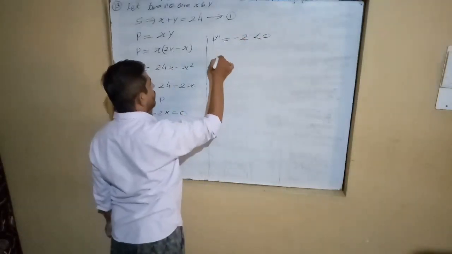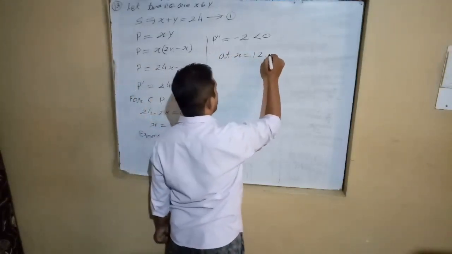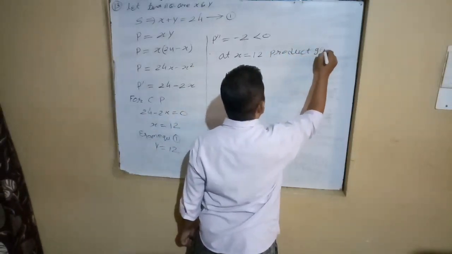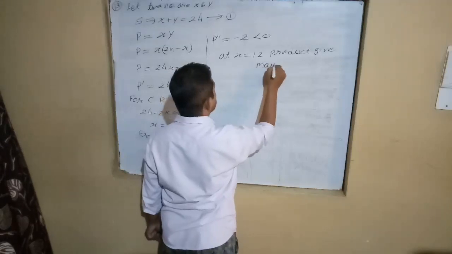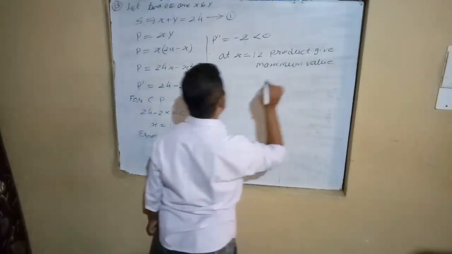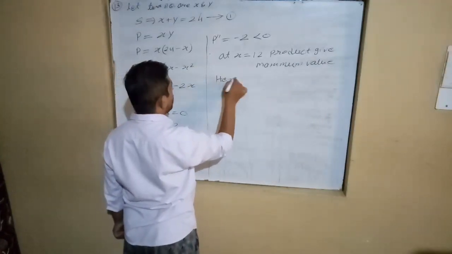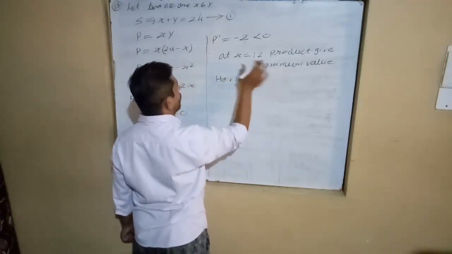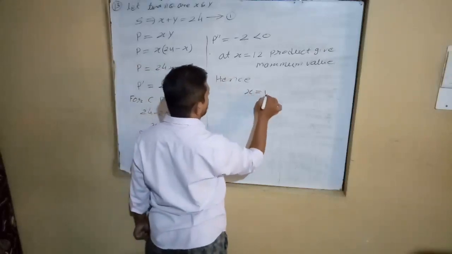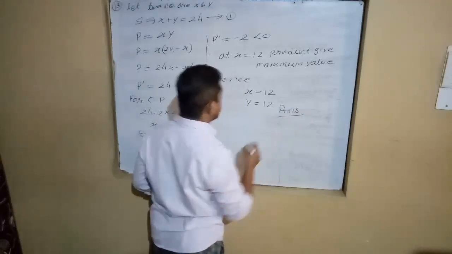So we write therefore at x is equal to 12, product gives maximum value. इसको we have to maximize the product ना, तो maximize हो गया, hence x is equal to 12 and y is equal to 12 is our answer.